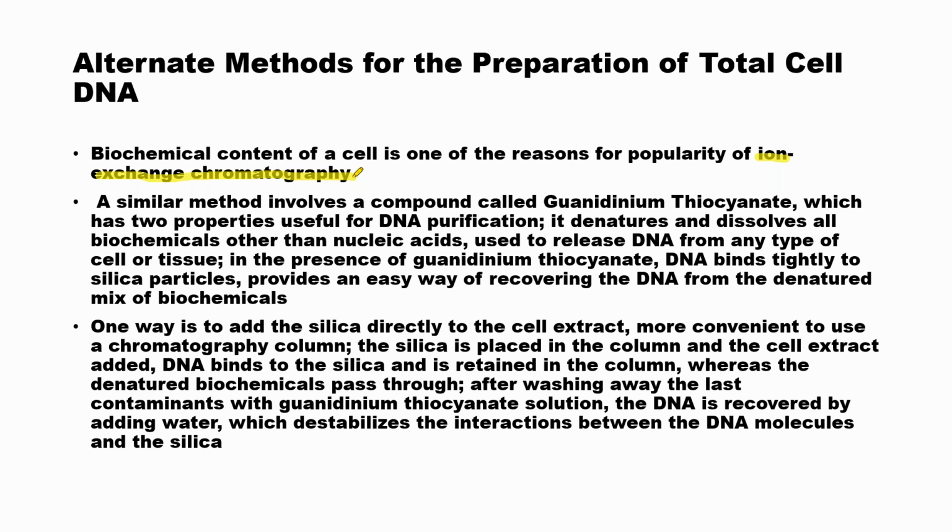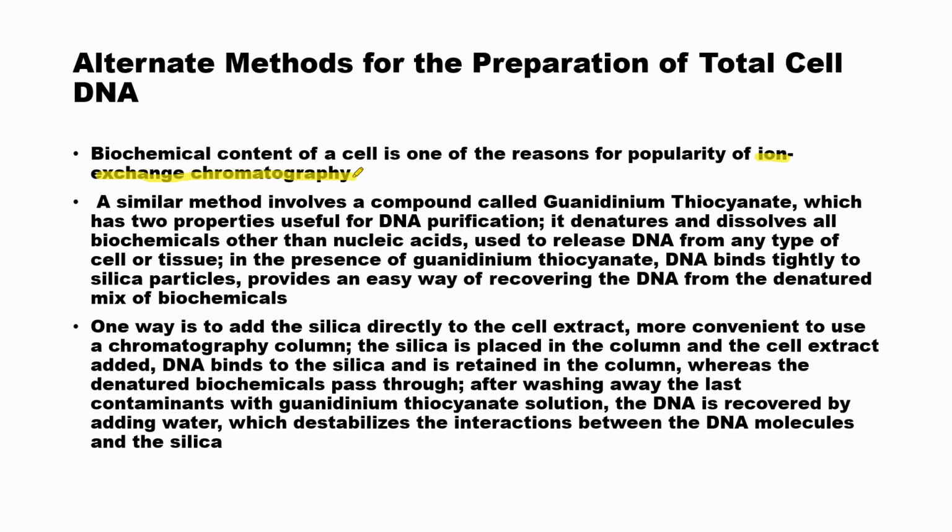There is no chemical reaction or chemical disintegration taking place. It depends purely on the electrical charge as well as the electrical affinity. So for most of the cells we can go for ion exchange chromatography for the separation and purification of our chromosomal DNA.